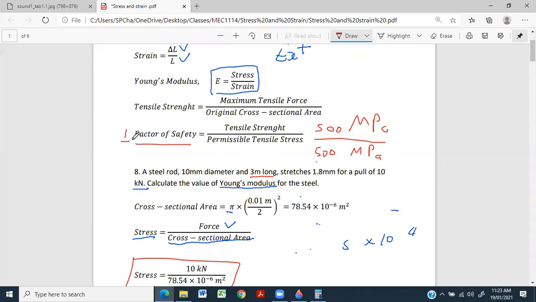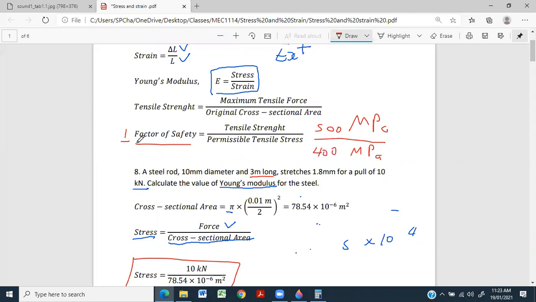So what the factor of safety tells us is how much more safe the system is than the forces we're allowed to put on it, right? So as we reduce the maximum allowable or permissible tensile stress, let's say I don't want big trucks driving on my bridge because trucks are very heavy and they would exceed my permissible tensile strength. So we want to say maybe only things that are less than 400 megapascals.